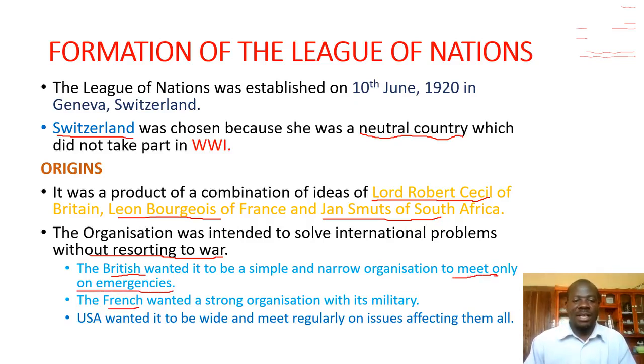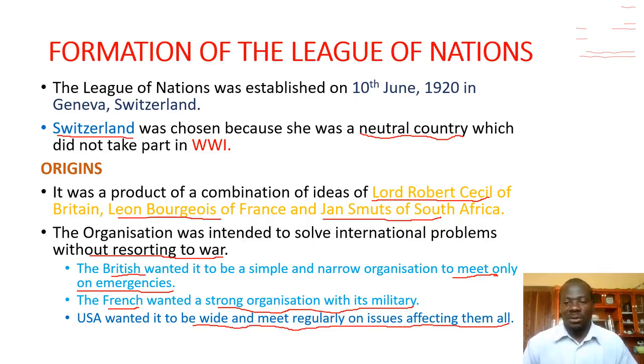But France wanted a very strong organization with its own military, while the USA wanted it to be wide and meet regularly on issues affecting them all. So the leaders had different views of that international body.